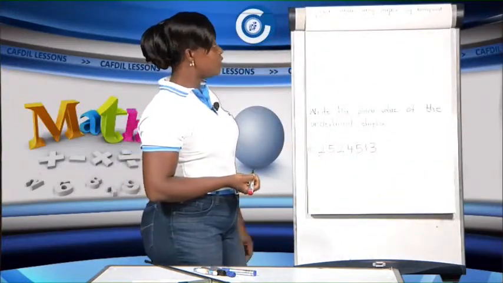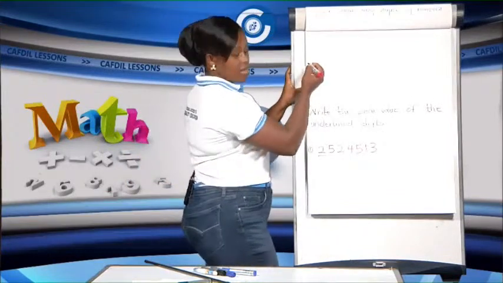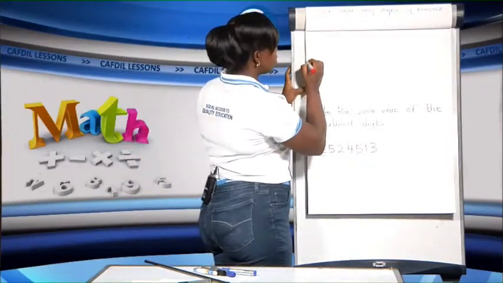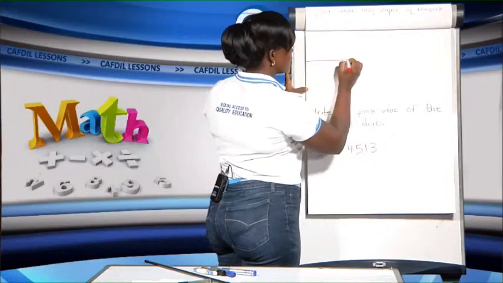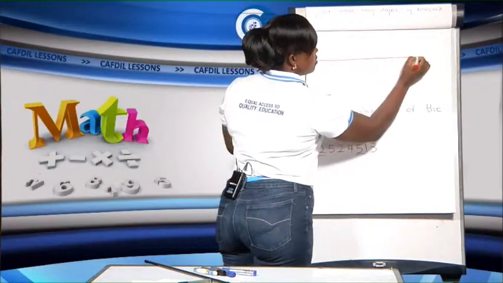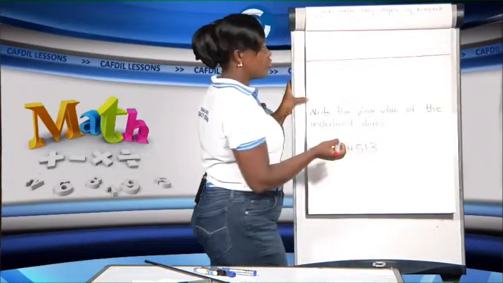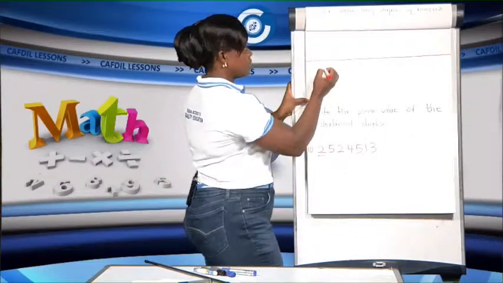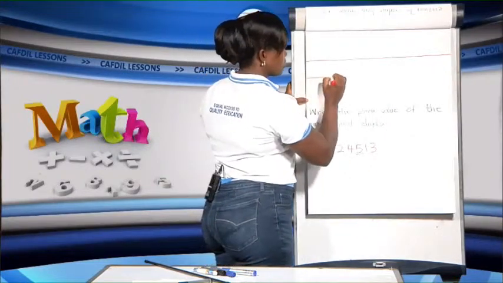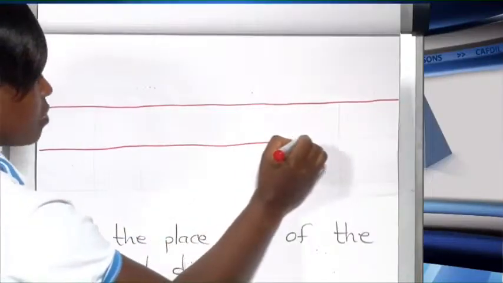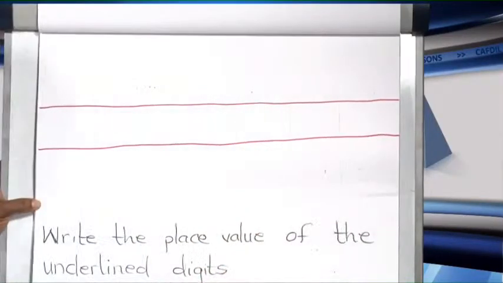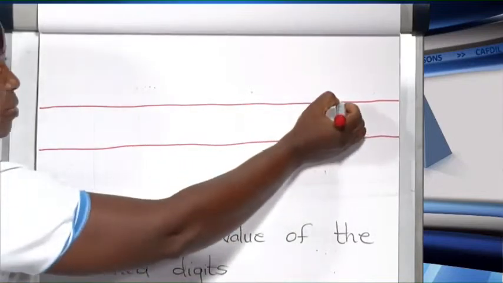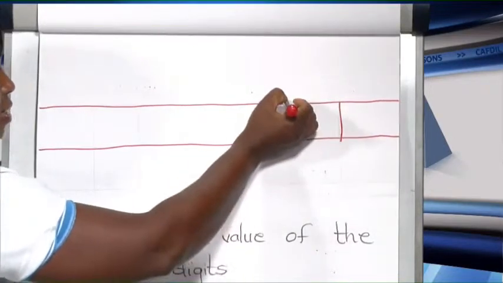So with our place value chart, I have my chart over here. Please, when you are drawing, use your ruler. And then we are going to divide it.